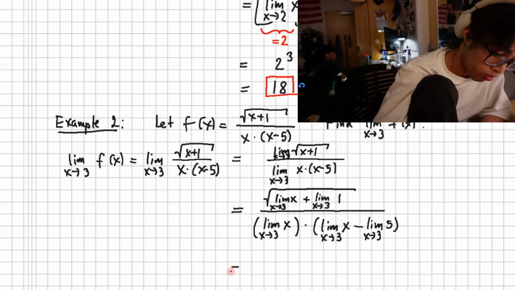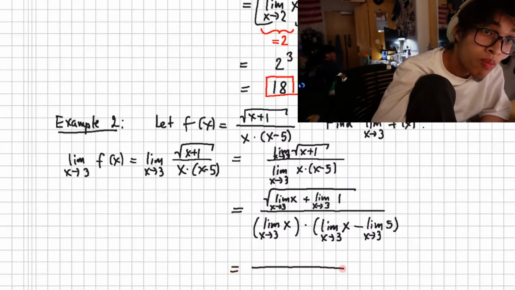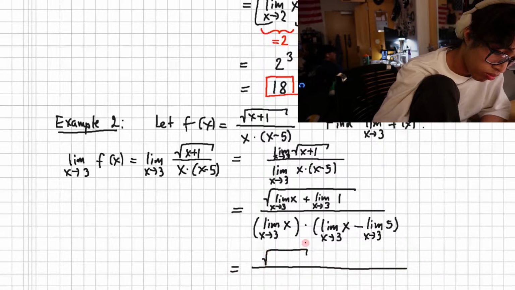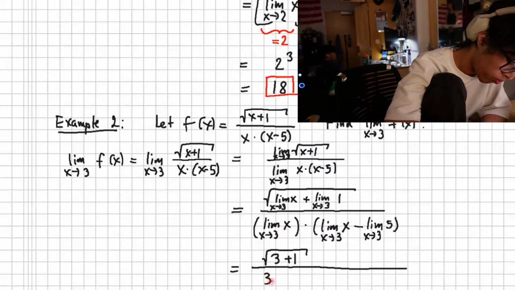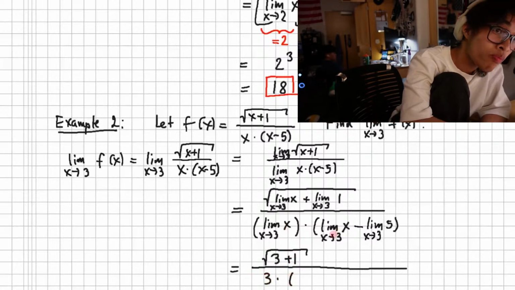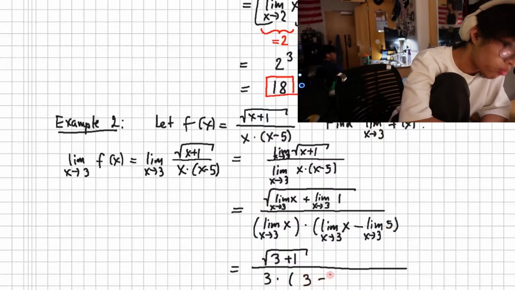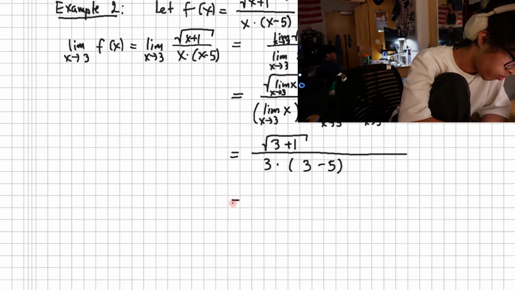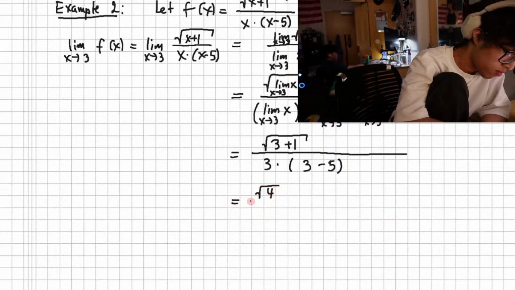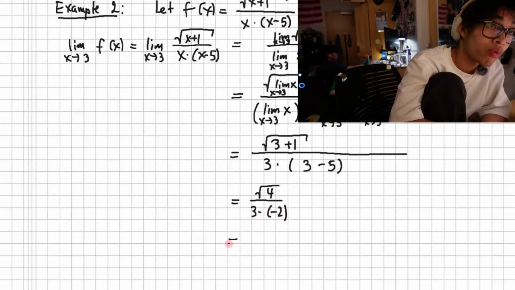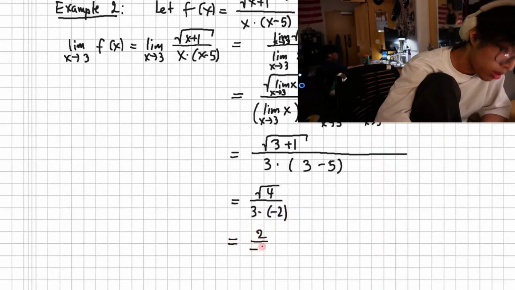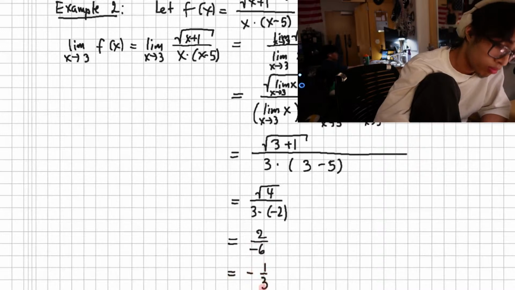And we shall see that this is then simply the square root of 3 plus 1 over 3 times 3 minus 5. That's the square root of 4 over 3 times minus 2, and that in turn is 2 over minus 6, or minus 1/3.